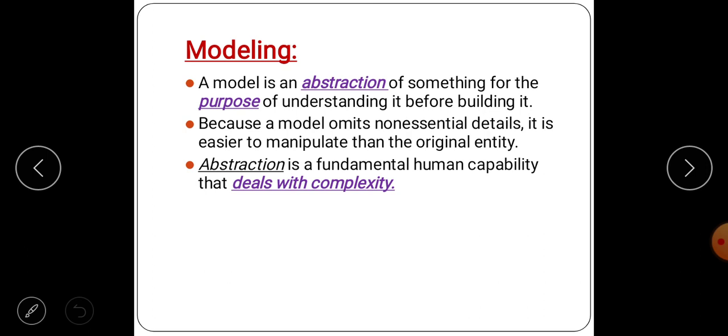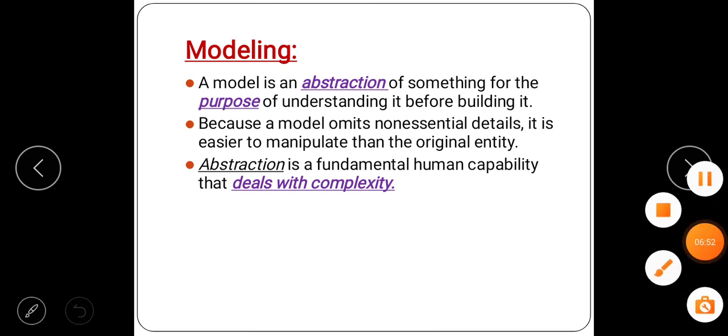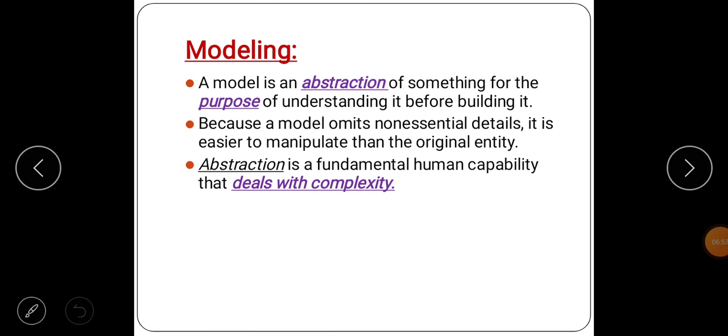Next, modeling. What is modeling? We know that we form models, like in a science exhibition. Modeling is nothing but a dummy architecture of something. A model is an abstraction of something for the purpose of understanding it before building it.